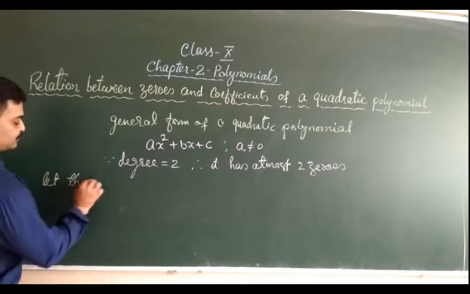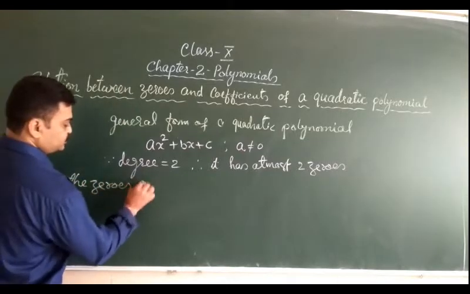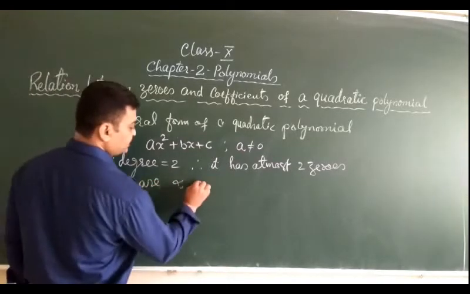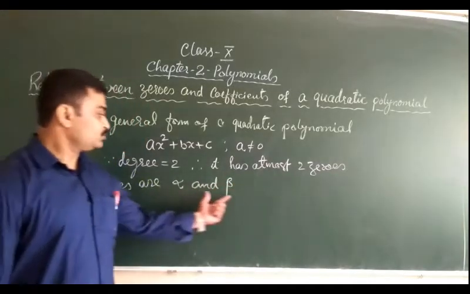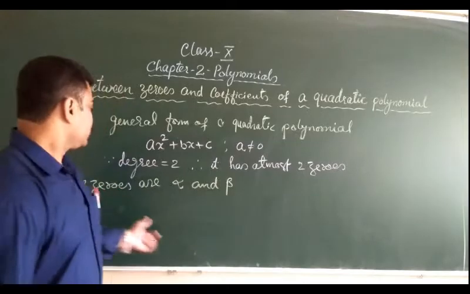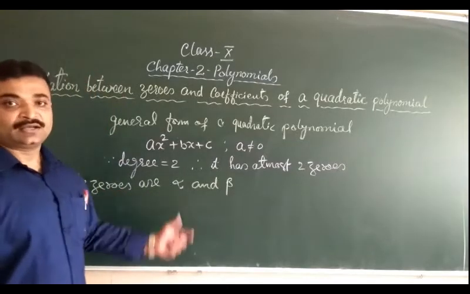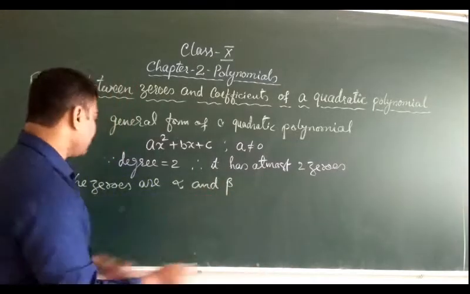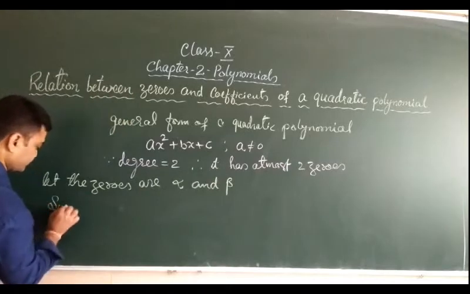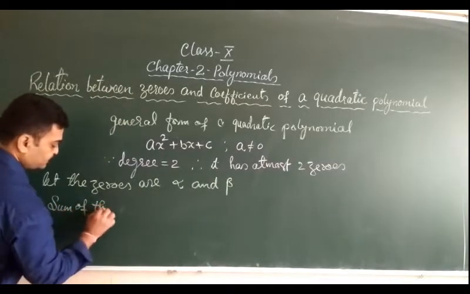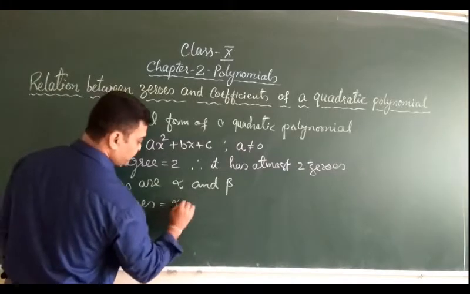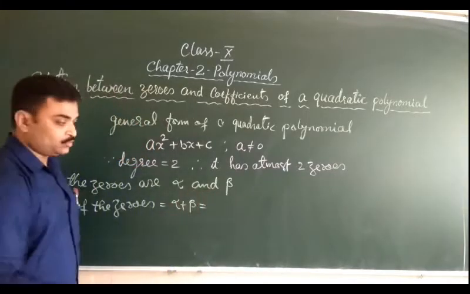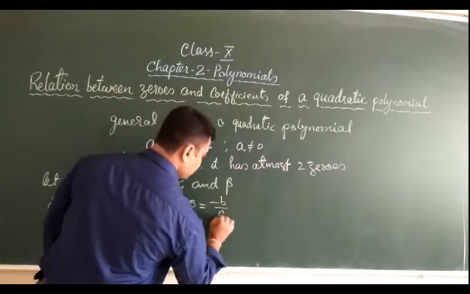Let the zeros be alpha and beta. These two letters are Greek letters. So let us say the two zeros are alpha and beta. Now sum of the zeros, that is alpha plus beta, is equal to minus b upon a.